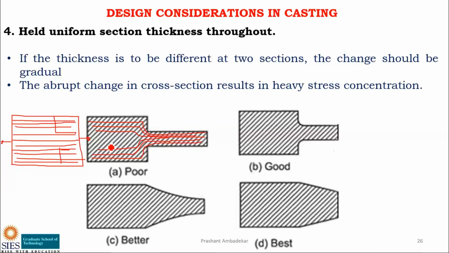Similarly, if I draw more stress lines like this, this is the portion where there is most congestion, and this will fail. This will fail from here. This will fail from here. But then that can be improved by changing the shape. This is better, and this is the best. If the design permits, then that can be done.